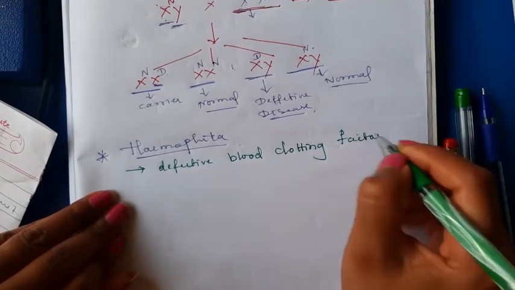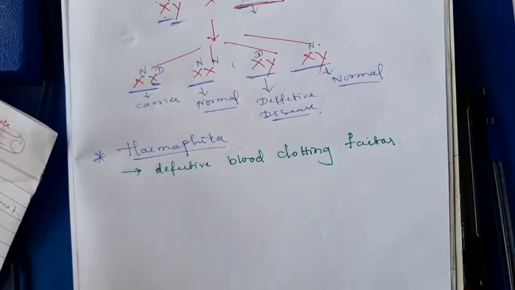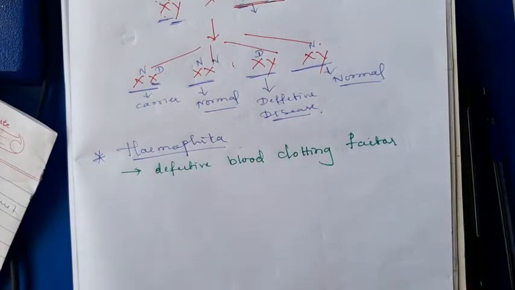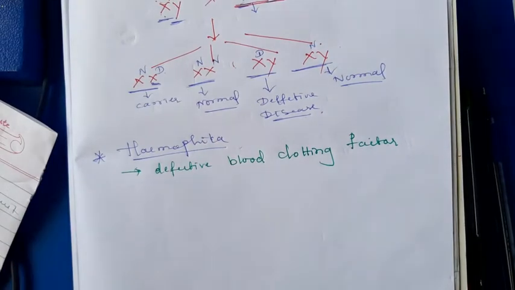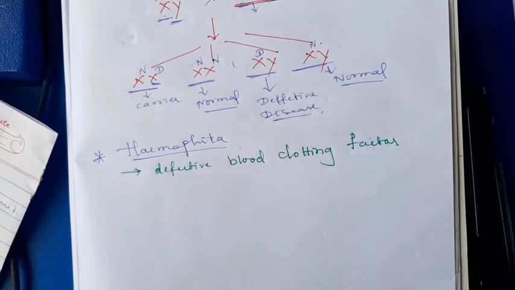Blood clotting means when any wound or cut occurs, our blood suddenly clots to stop the blood flow or loss of blood.